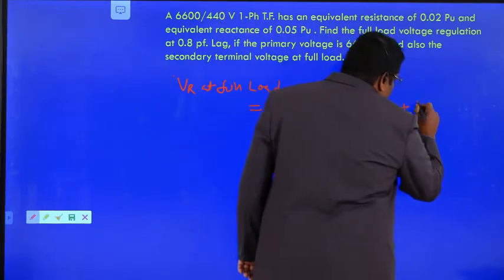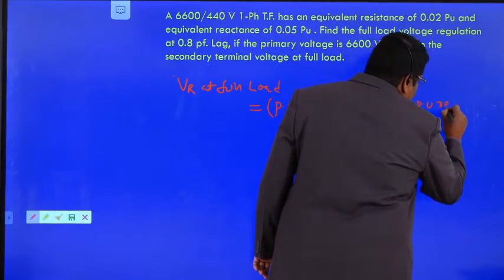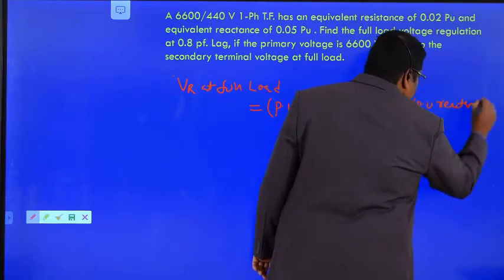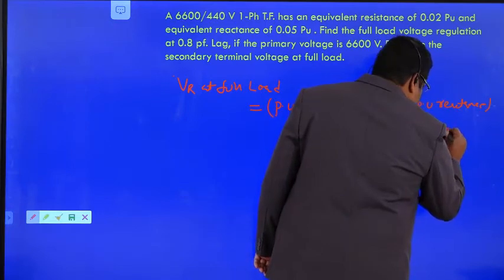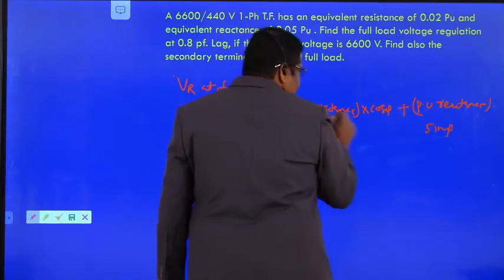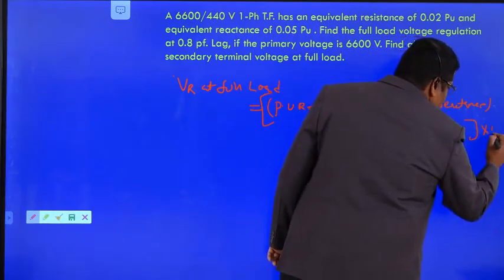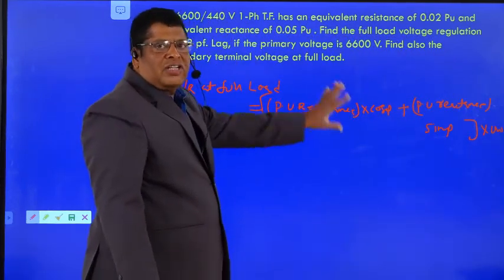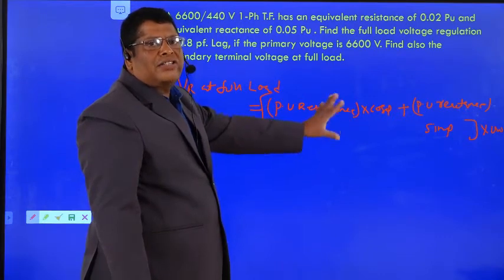Next, per unit value of reactance into sin phi, the whole multiplied by 100, so that we get the percentage value. Whenever you multiply by this value, it will be converted into the percentage voltage regulation.